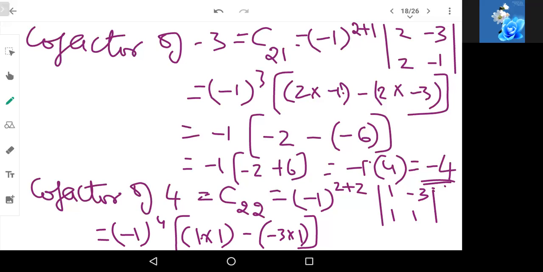No, no, no, no. There's something wrong. Okay, this last should be minus 1, right? Yeah, this last should be minus 1. So 1 into minus 1, minus of minus 1, minus 3 into minus 1. So the cofactor here, what you will get is 2.